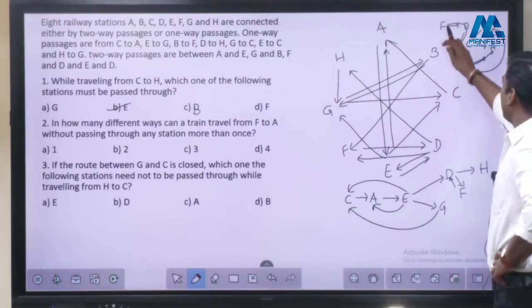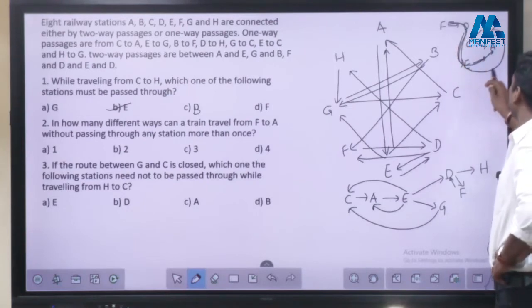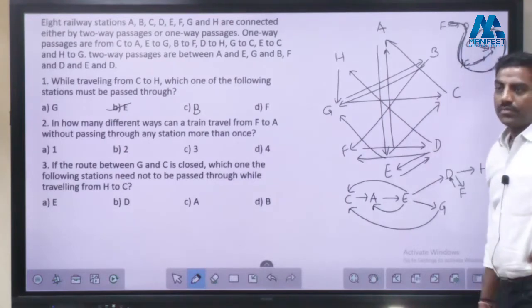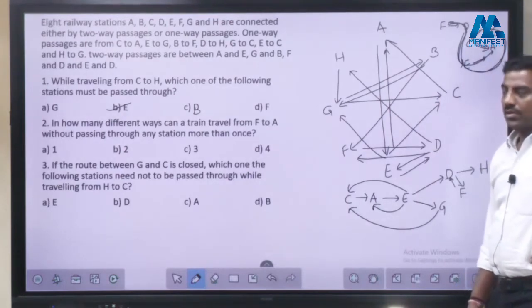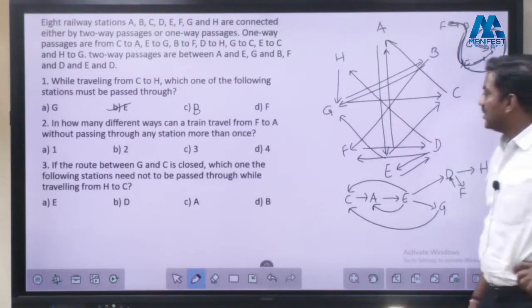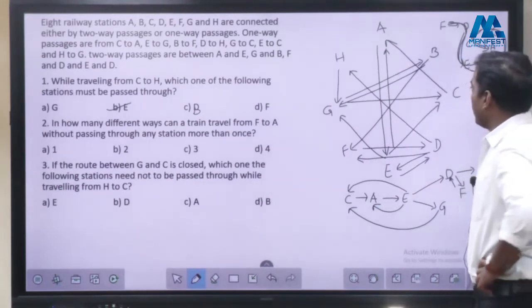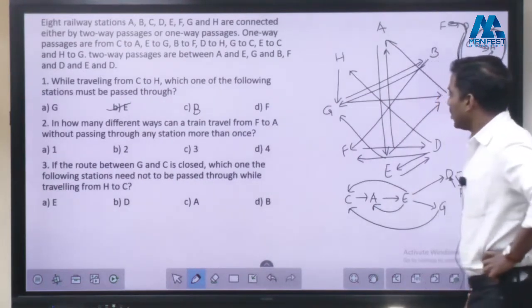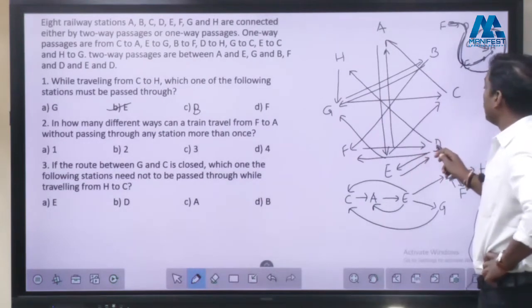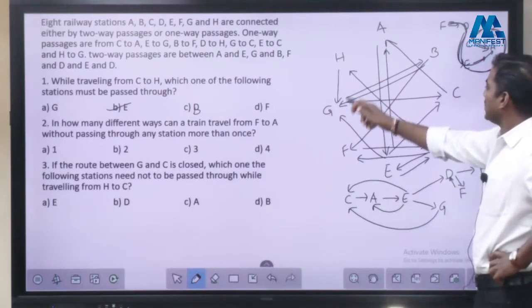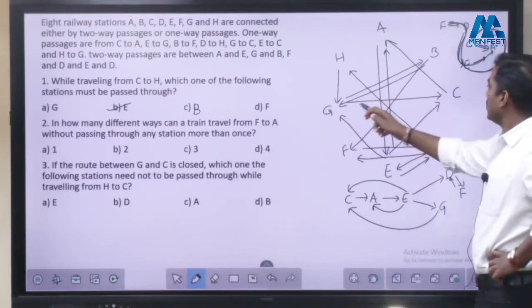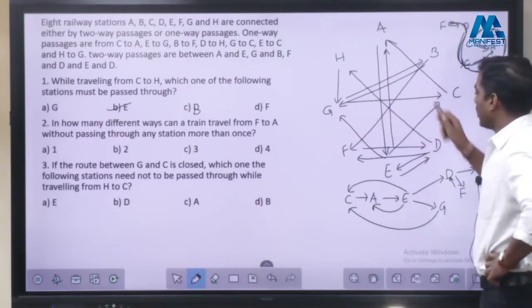Correct? Another way, are there any other ways? F to A: F to D, correct? D to H, H to G, G to C, okay.